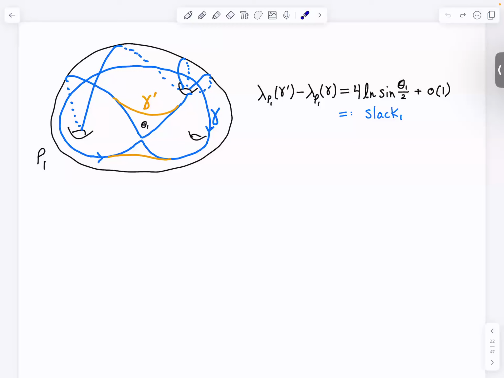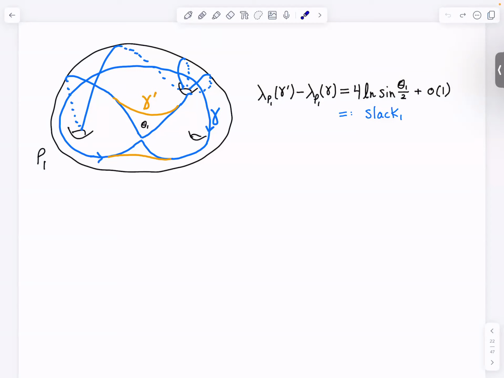How much shorter? Well, in fact, this is where some hyperbolic geometry comes in. How much shorter depends on this angle, the angle at which the two arcs crossed. So call that theta 1. I claim that the difference between the length of the new curve and the length of the old curve is 4 log sine theta 1 over 2, exercise for anybody that knows some hyperbolic plane geometry, plus an error term, which goes to 0 if gamma is getting very long.